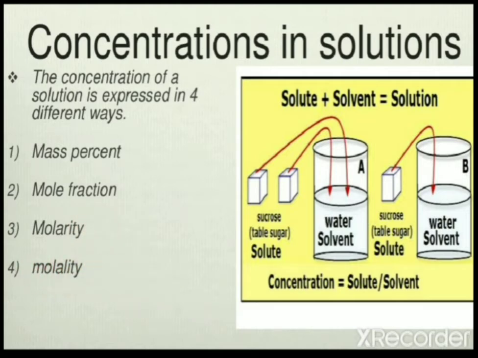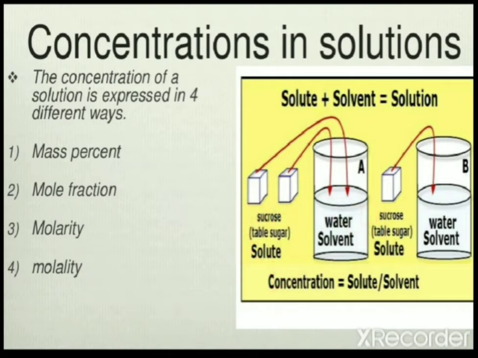Before going to these terms, you should know the meaning of solute, solvent and solution. A solution is a mixture of both solute and solvent. For example, take sugar and add the sugar into water. Here water acts as the solvent and sugar is the solute.